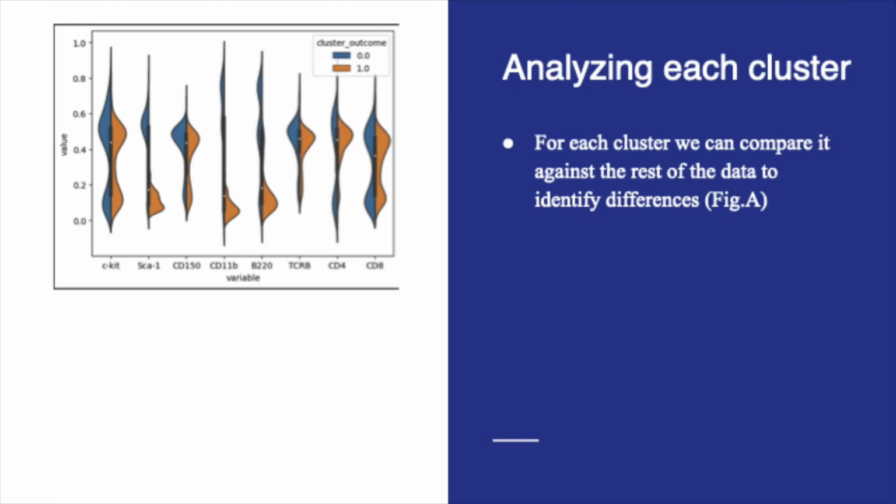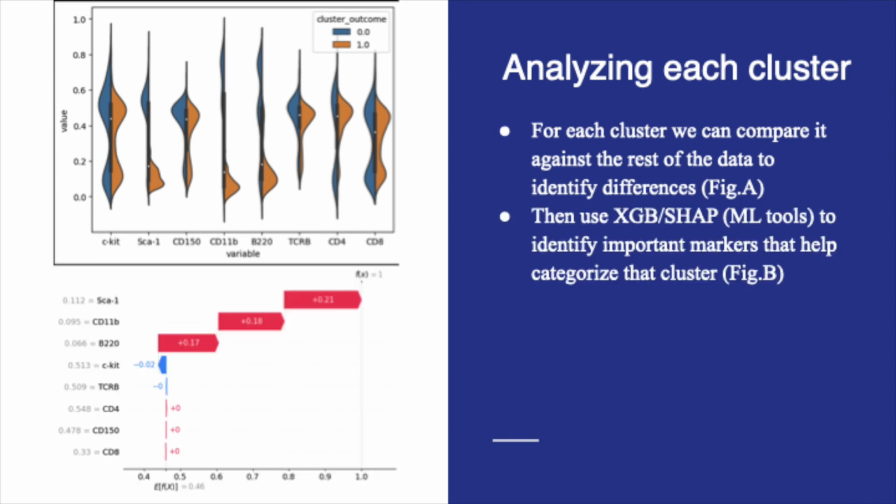Here's a graph where the orange represents one cluster, and the blue represents all of the other cells. We can see how each cluster is different or unique, and then use those differences to classify what kinds of cell populations they might be.